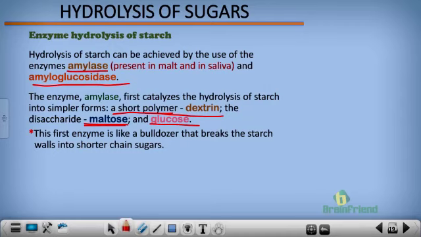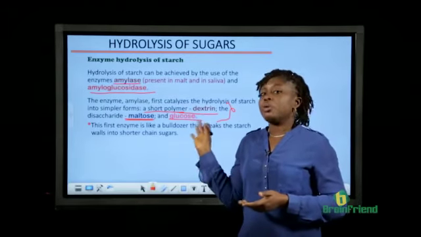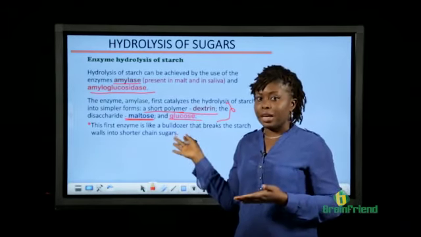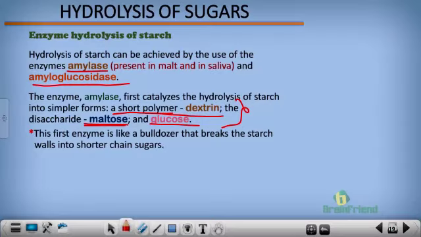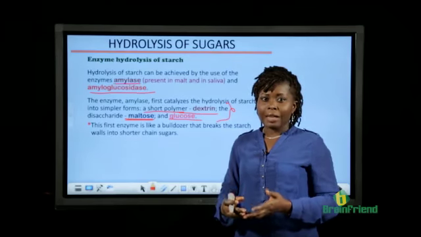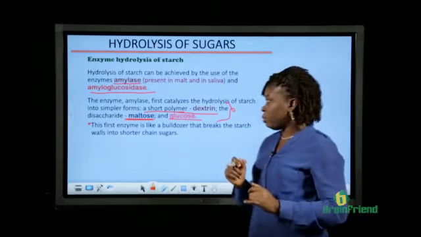So these are the intermediates that are given off when the enzyme amylase hydrolyzes starch. Now this enzyme is like a bulldozer. It comes in to actually act heavily on the starch molecule, breaking down the bonds.